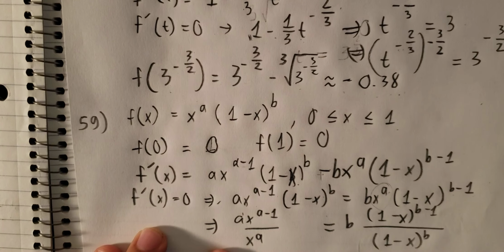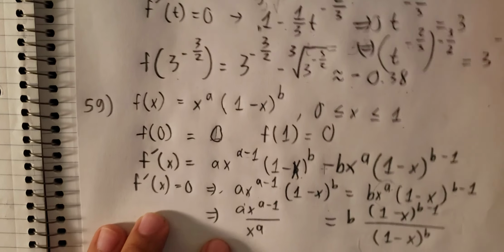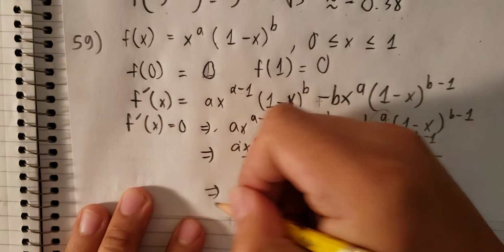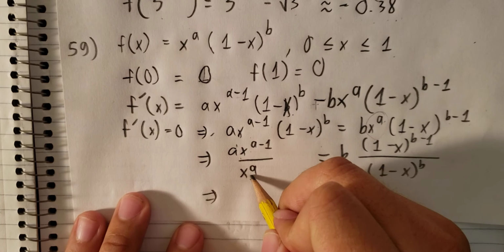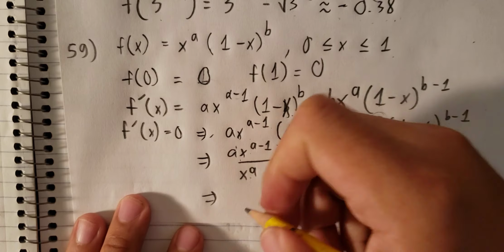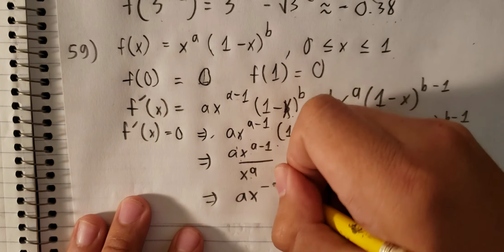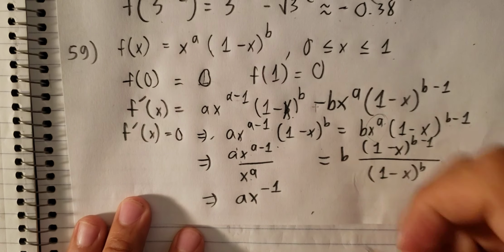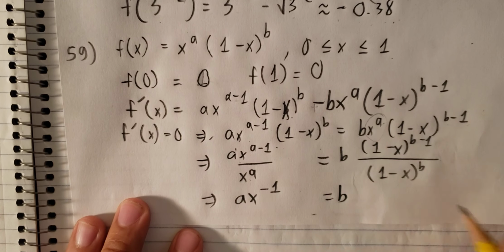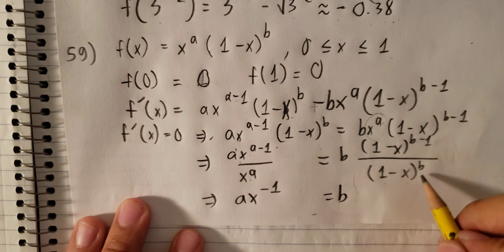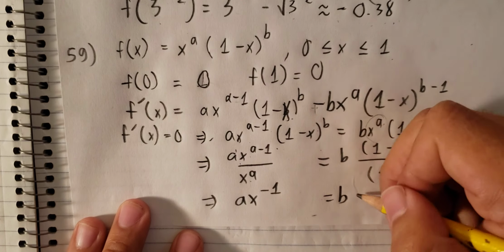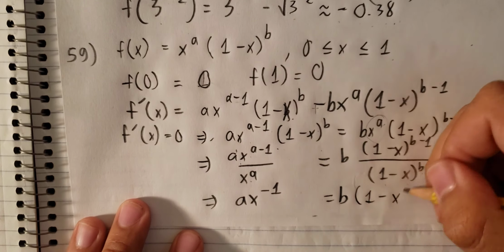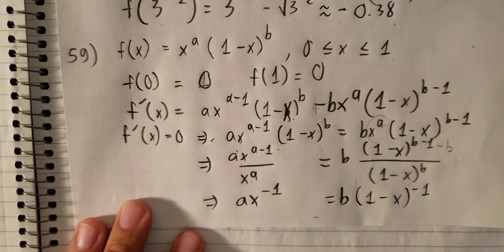So we simplify the powers. S to the power a minus 1 and s to the power a gives a minus a, so you get a with s to the power minus 1. For b, you get 1 minus s to the power b, you put the minus b here, so you get 1 minus s to the power minus 1.